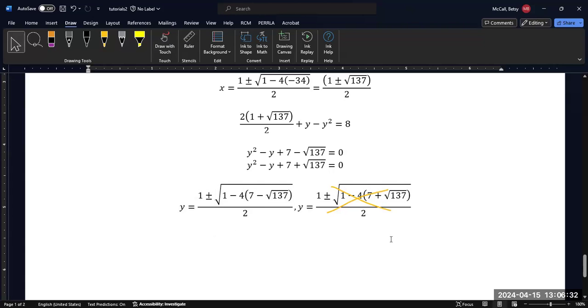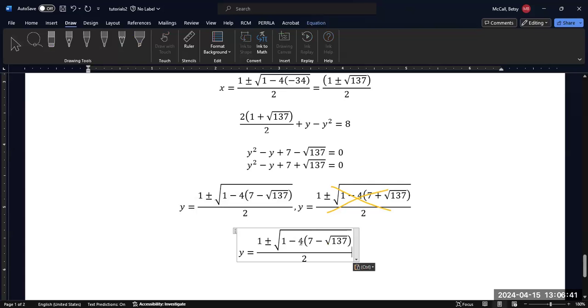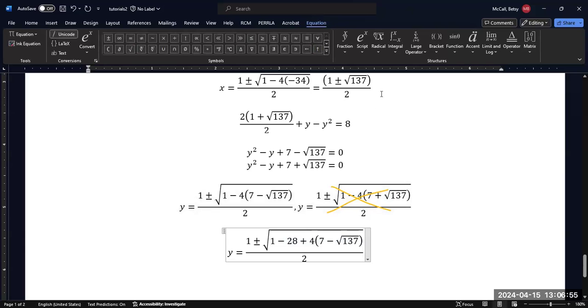This one, on the other hand, I can go ahead and continue simplifying. So 4 times 7 is going to give me 28, and then plus 4 times the square root of 137.